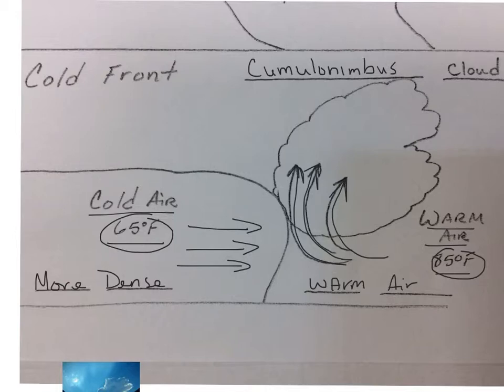If this difference was less, let's say this was only 80 degrees and this was 85 degrees, we wouldn't have cloud formation like this going on. It would be much less dramatic, and the weather would be less dramatic. However, in this picture, you might see something in real life look like this.